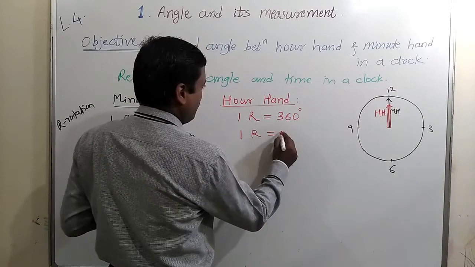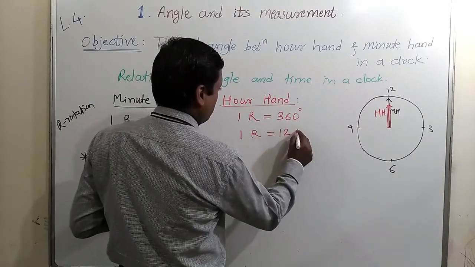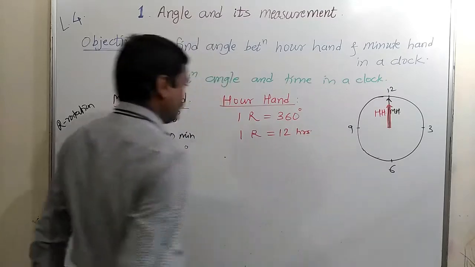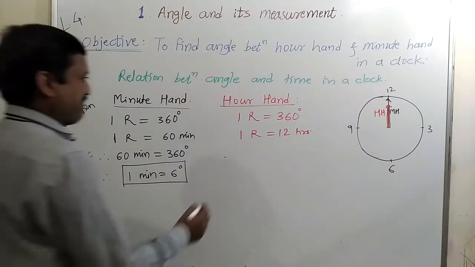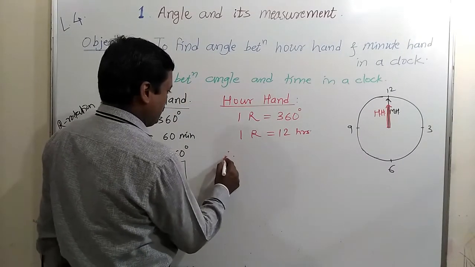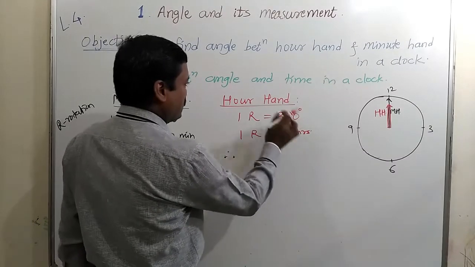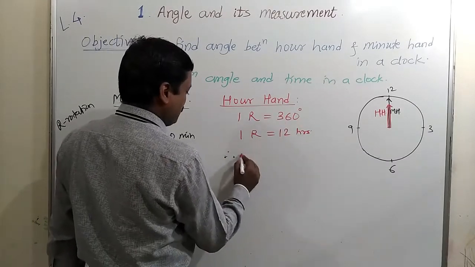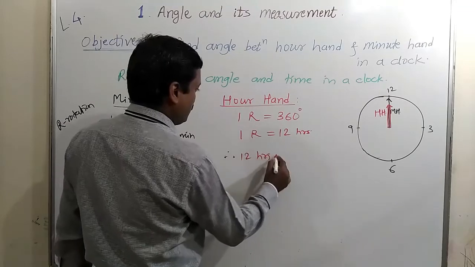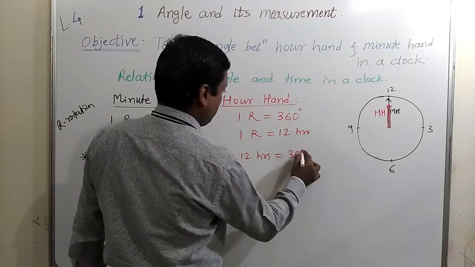One rotation means 12 hours. So from this we can write 12 hours equal to 360 degree.